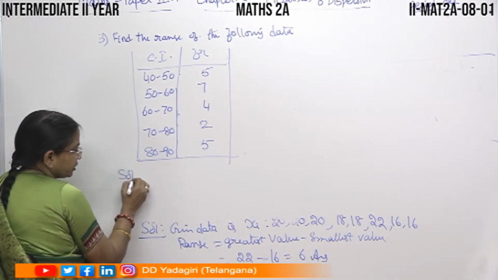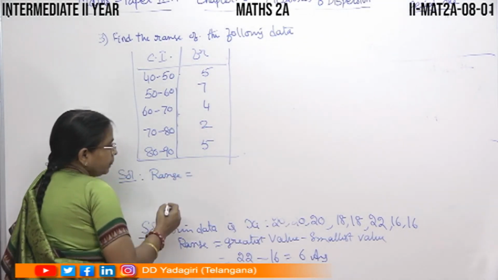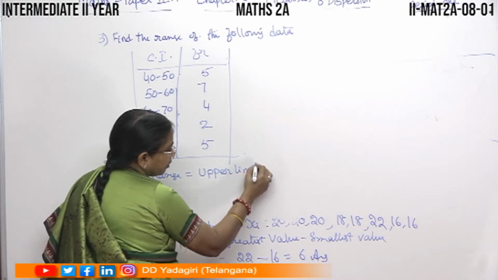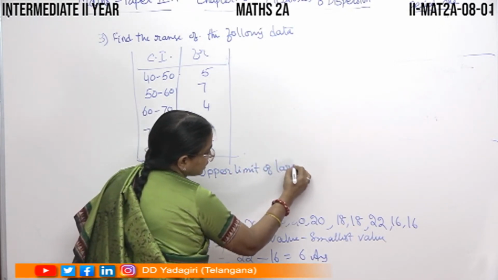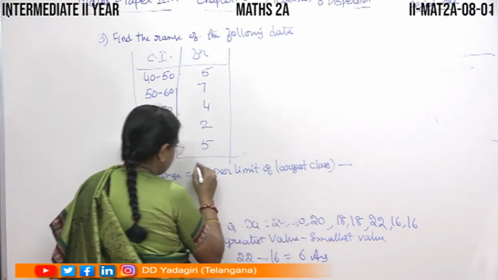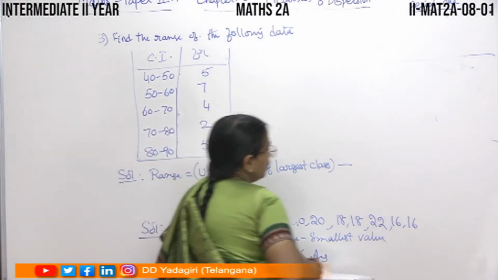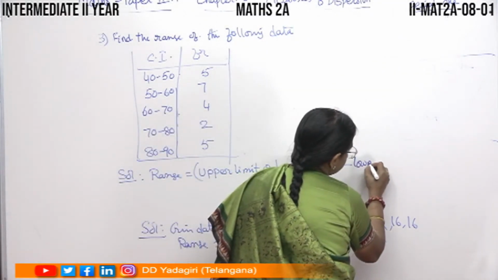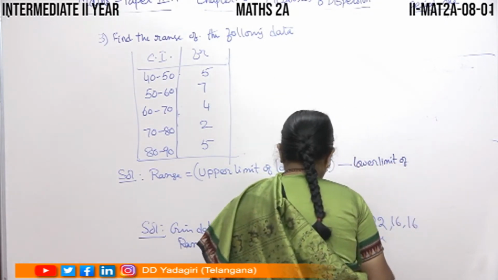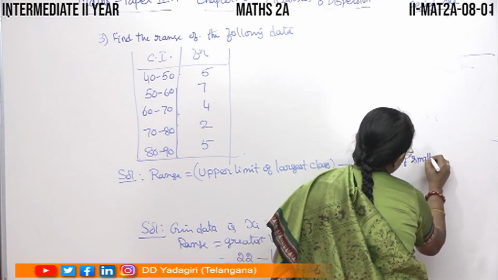So your solution is: range is equal to upper limit of largest class minus lower limit of smallest class.